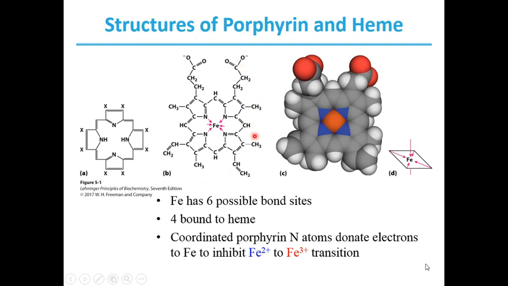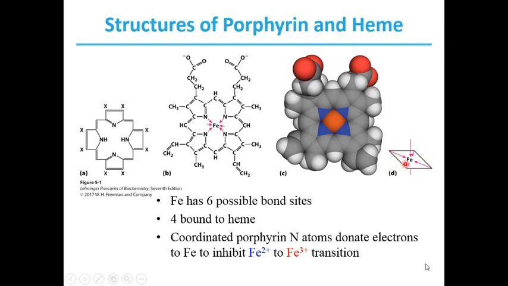Now, this is the kind of porphyrin structure that both myoglobin and hemoglobin bind. The iron atom in the center has 6 coordination bonds, 4 to nitrogen atoms that are part of the flat porphyrin ring, and 2 perpendicular to the porphyrin.